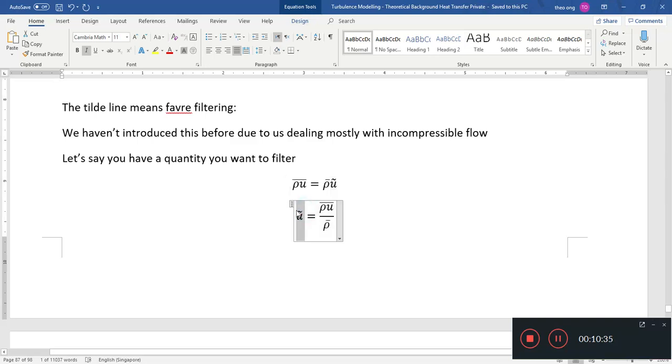So u tilde is defined like this. You divide this filtered mass velocity, which is rho times u, you divide this filtered rho u by filtered rho, and that's how you get the Favre filtering. So this is all Favre filtering is. But you don't want to keep writing this notation down, so we use this tilde to represent that.